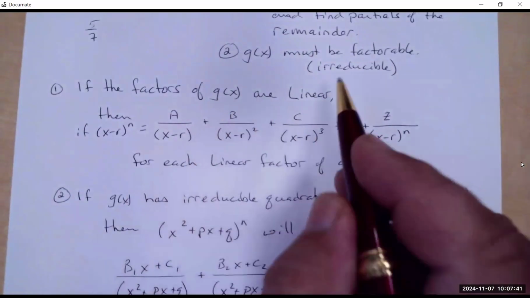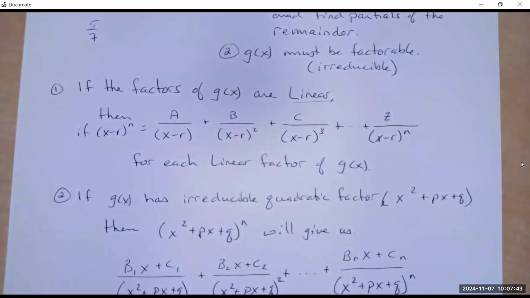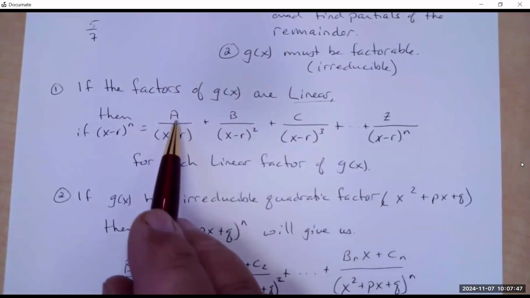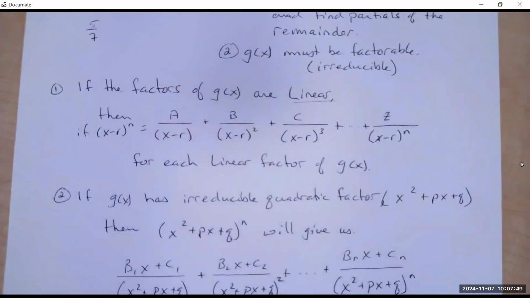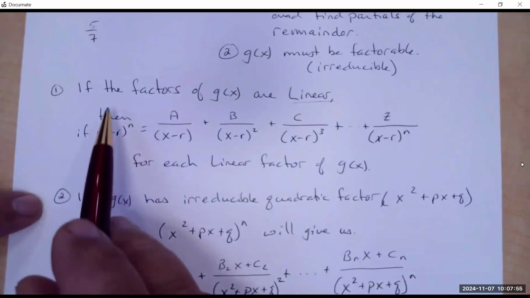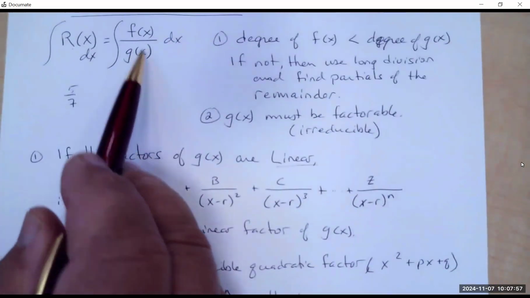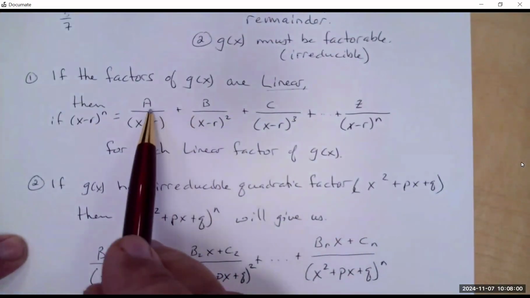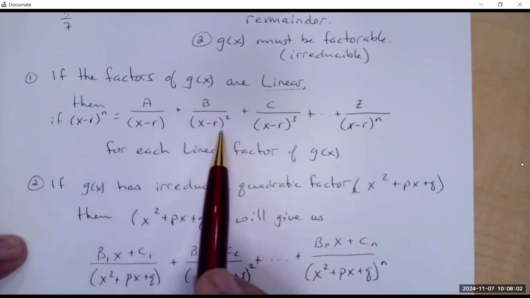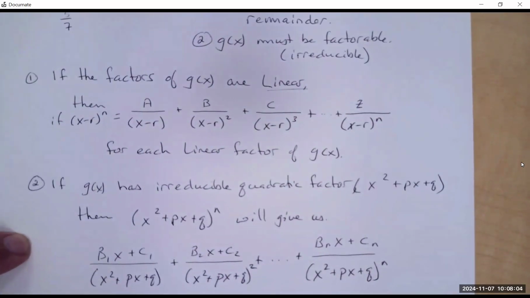If your denominators have linear factors, then our numerators, when we look at the partial fractions, the reason it's called partial fractions is because we start off with an original fraction, the f over g, and then we break it down depending on how many denominators we have.